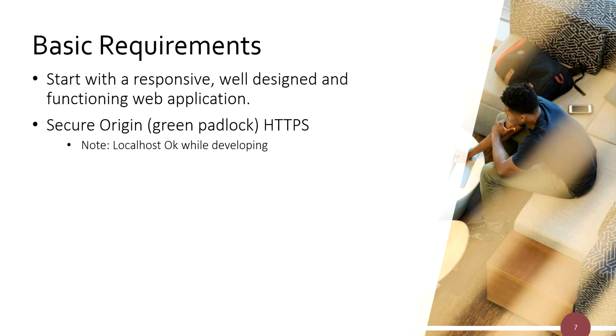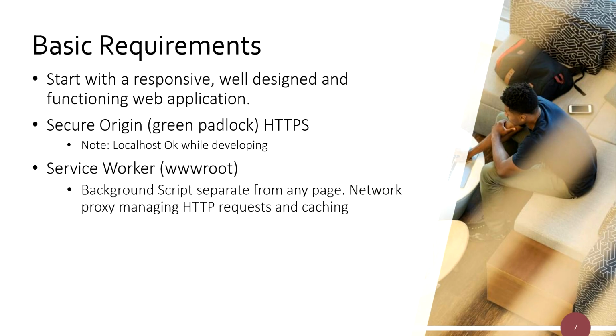We have to make sure that it's fully secure origin. So HTTPS, but everything served through it must be through HTTPS. So any graphic images, we can't have links to things that are outside of our app that aren't secure and so on and so forth. By the way though, while we're developing the application, we can use localhost, and that is acceptable during development.